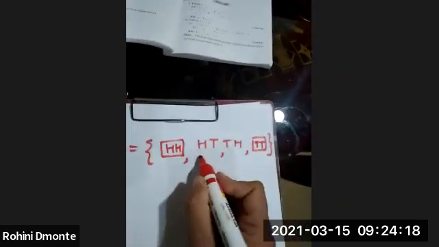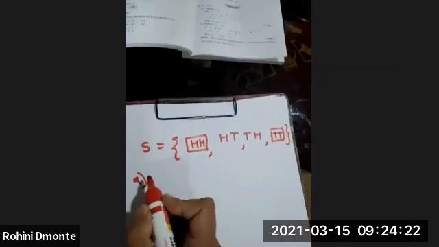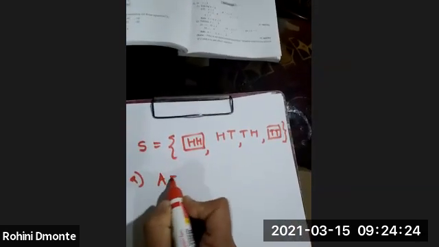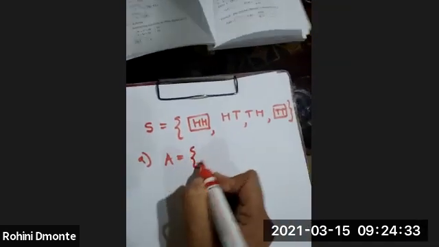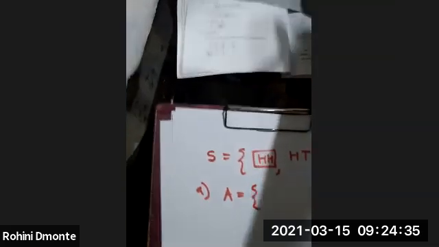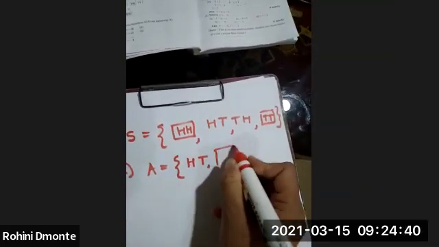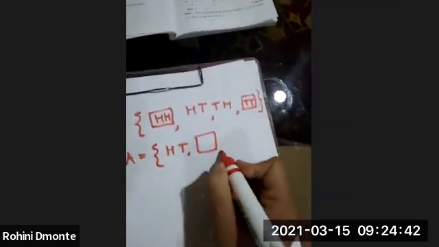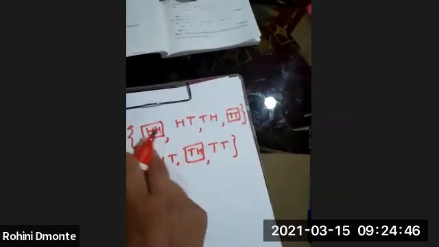Now they ask for event A. What is the question? To get at least one tail. So what will be the possible outcomes? Either head-tail will come, or tail-tail will come, or tail-head will come. Yes students, you have to choose from this.